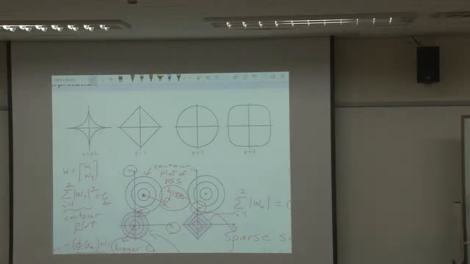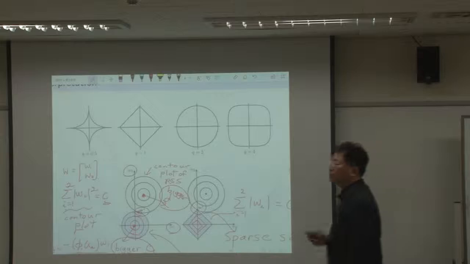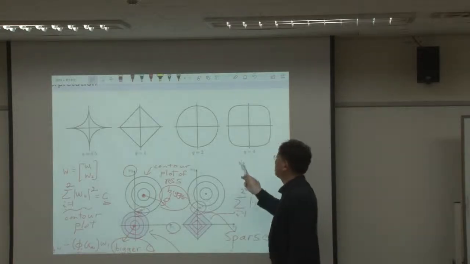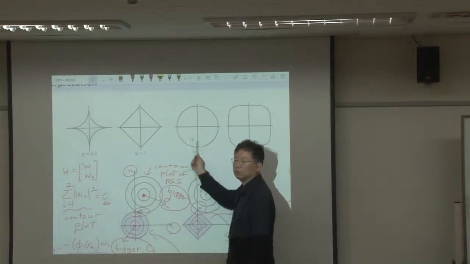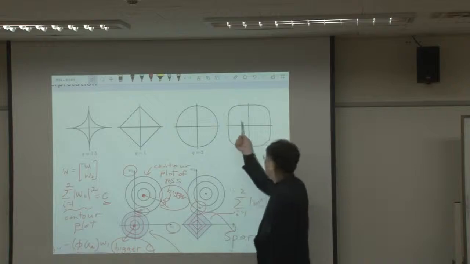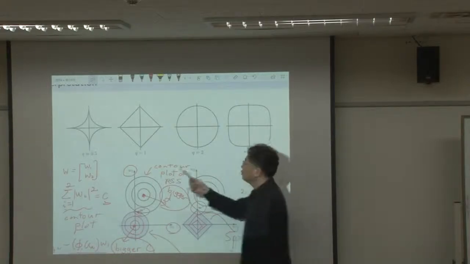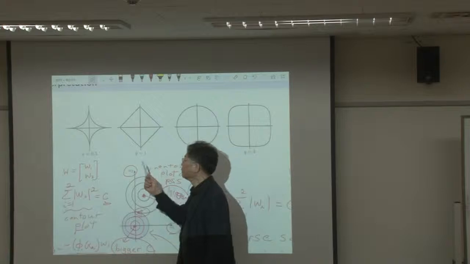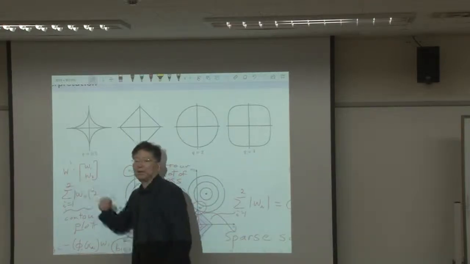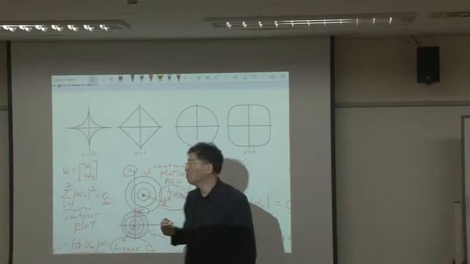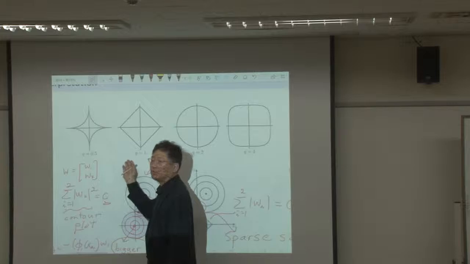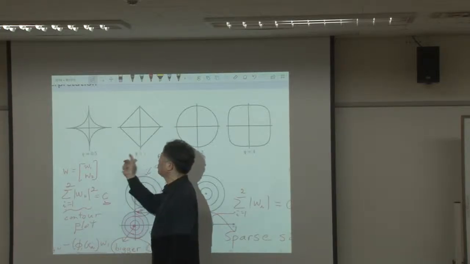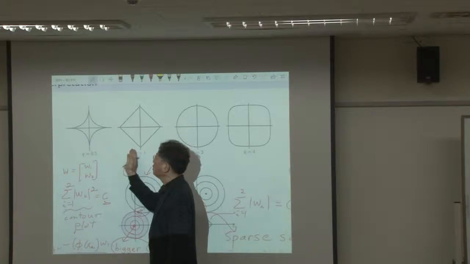These are the different contours that you would get for different values of Q. So Q equals 2 was circles. Q equals 4 looked like that. Q equals 1. Q equals 0.5 looked like that. And for values less than or equal to 1, the contours are going to be what?